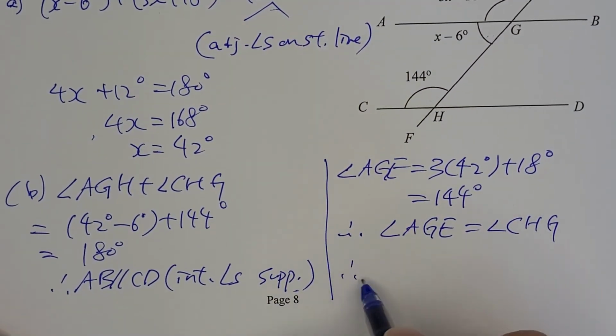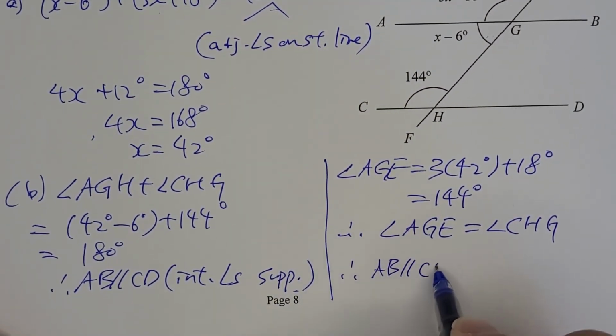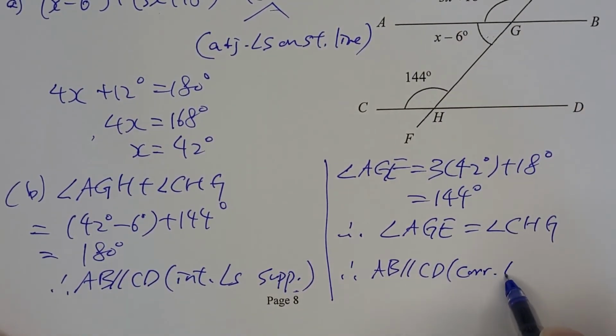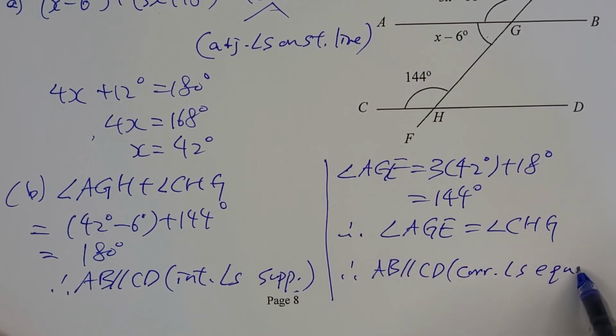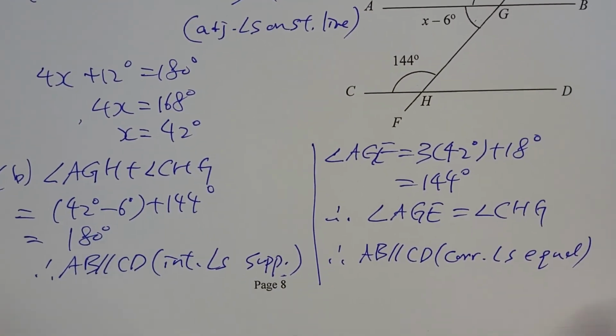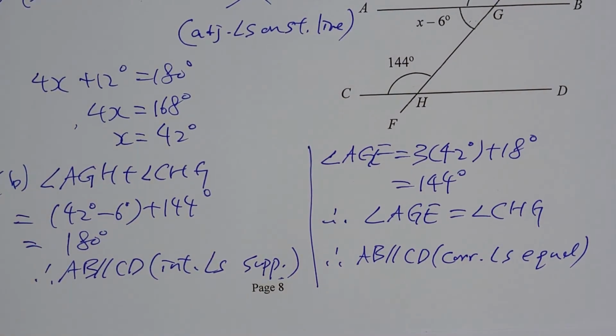And hence AB is parallel to CD. Reason, because the corresponding angles are equal. Okay, there are two methods to prove two straight lines are parallel. So that's the end of question number 10.